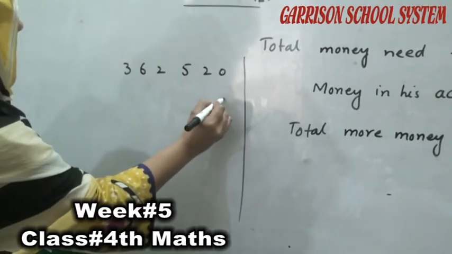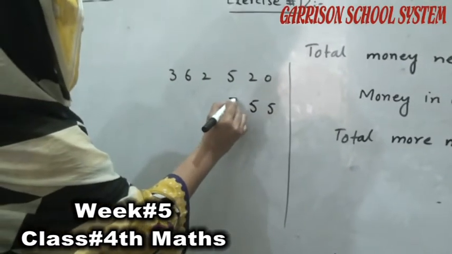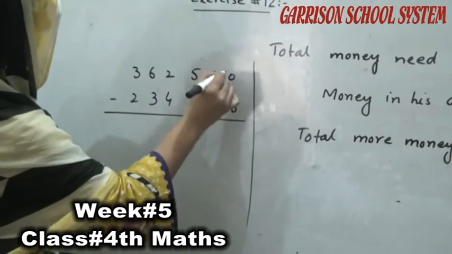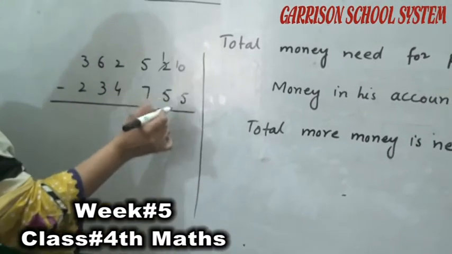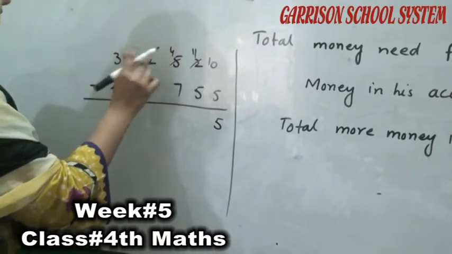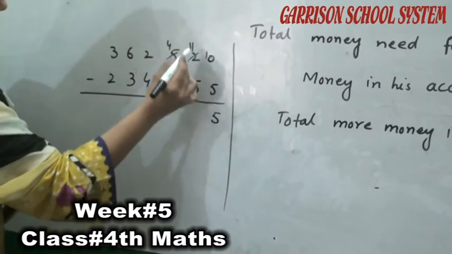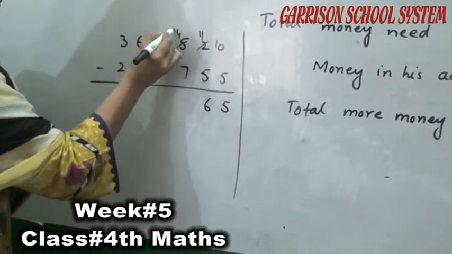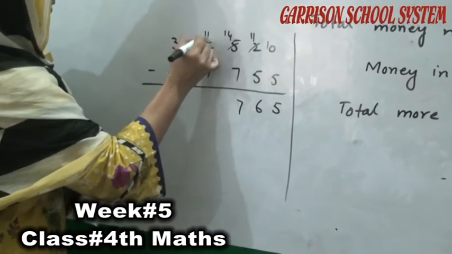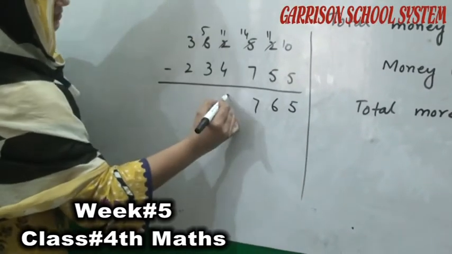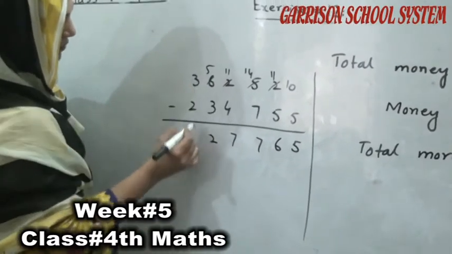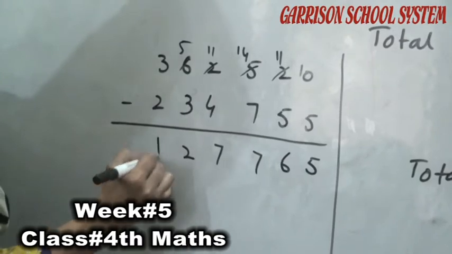362,520 minus 234,755. When we subtract this, you can carry 1, 5, here will be 11, here remains the 4, 11, 5 from 11, 6, 14, 7. In this way, students, 7, 3 from 5, 2, and 2 from 3, 1.